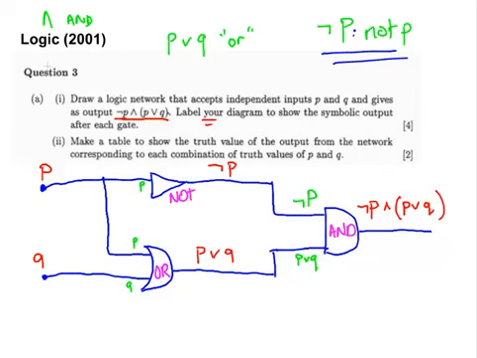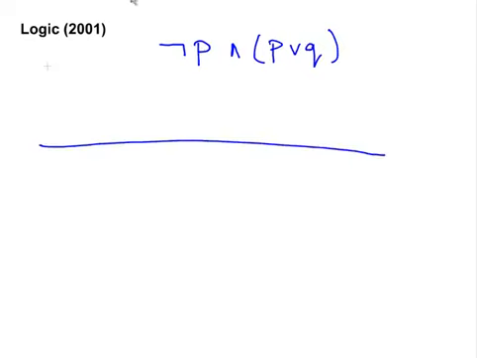So I'm going to set this up again on the next slide, and what we're asked to do is come up with a set of truth tables for this statement here, that is not P and P or Q. So first off, I'm going to start by writing in P and Q. Let's try and get straight lines going there.